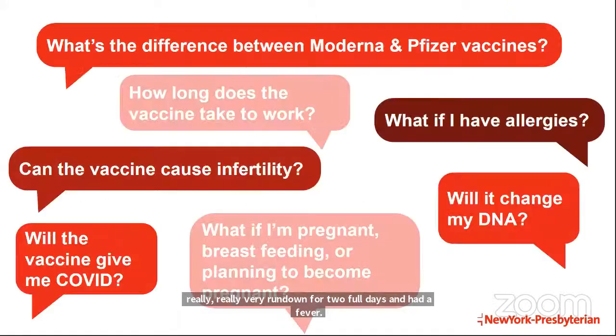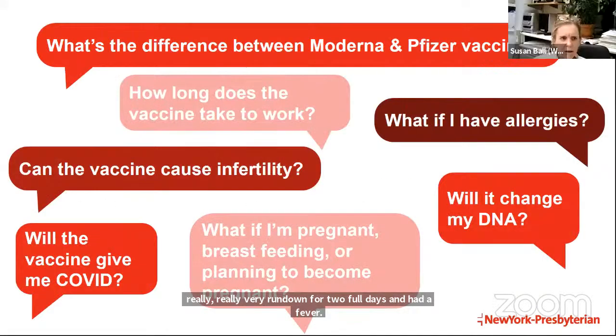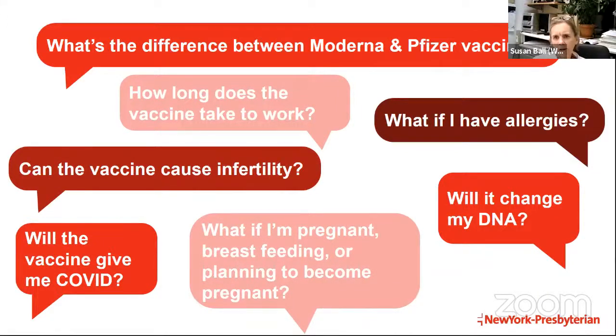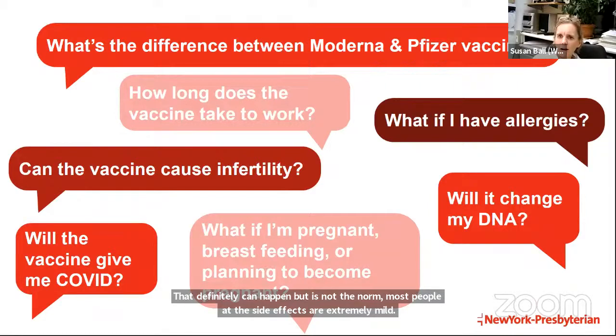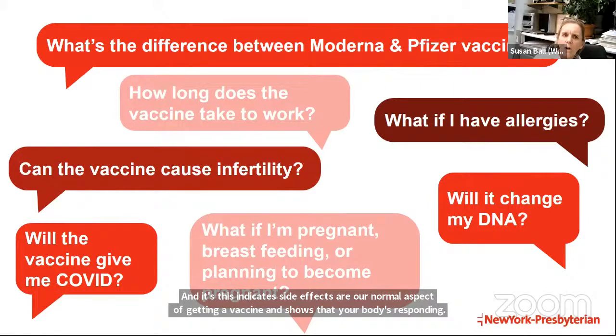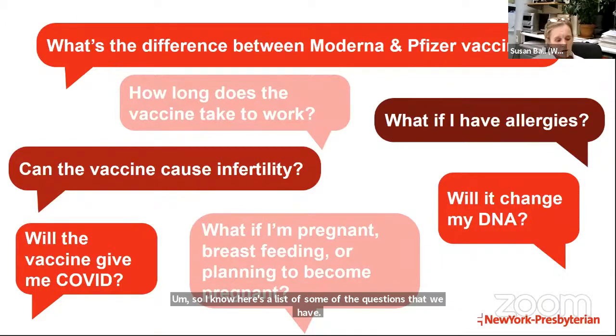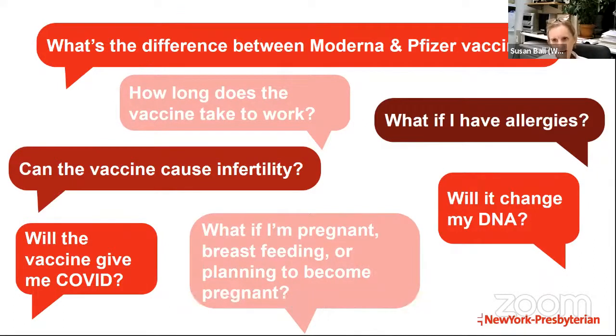So here's a list of some of the questions that we have. As I said, the difference between the Moderna and the Pfizer vaccine is really the length of time. They're both messenger RNA vaccines. How long does it take the vaccine to work? This is a great question. It's felt that you're not going to be protected against COVID in the initial days after vaccine.